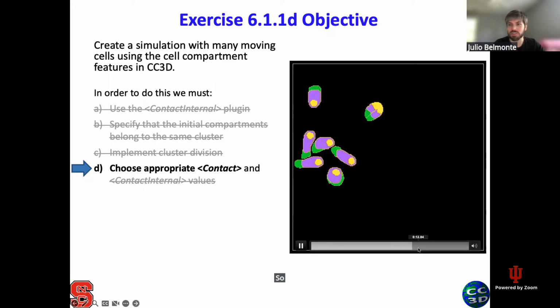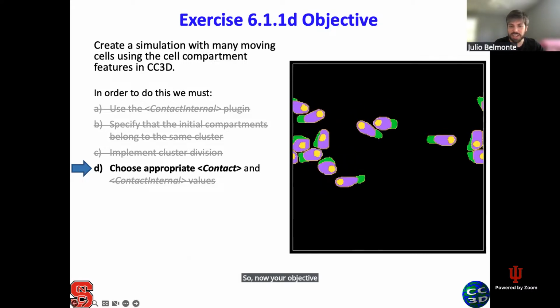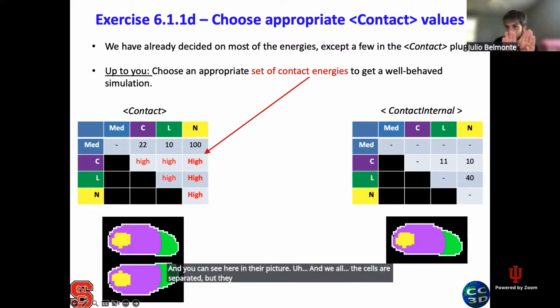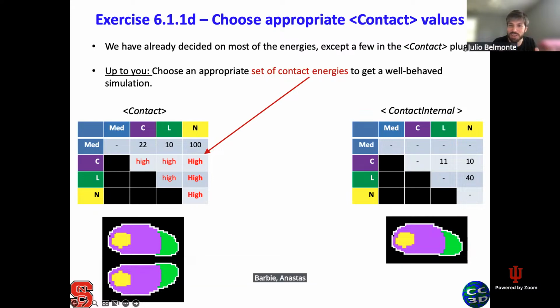So now your objective, you already have the hierarchy that the contact energies should have. Go back to the code and change those values. Anastasia did the change, and you can see here in her picture. And well, the cells are separated, but they're very tied together. If you want them to be more separated, probably Anastasia will have to change them a little bit more.